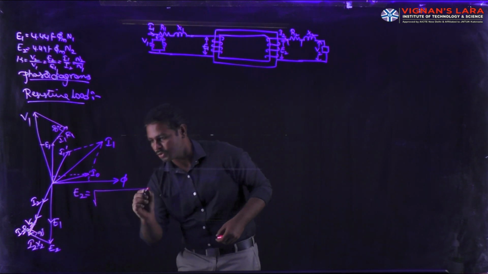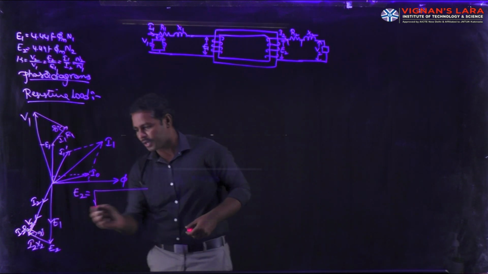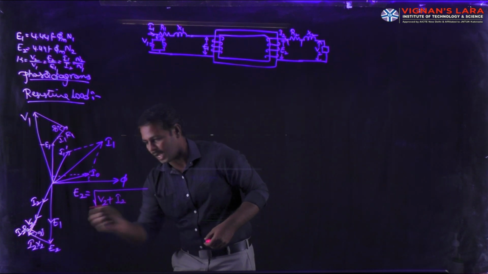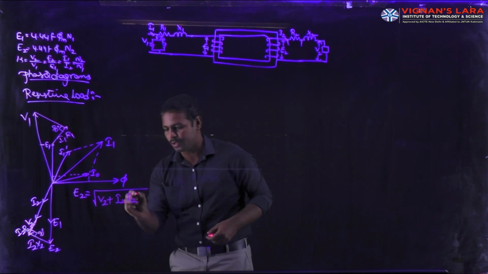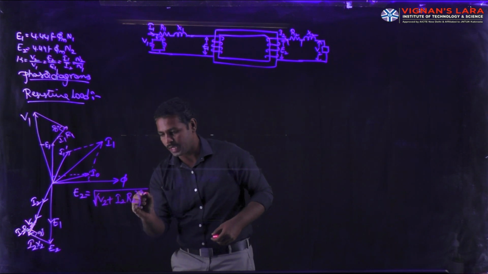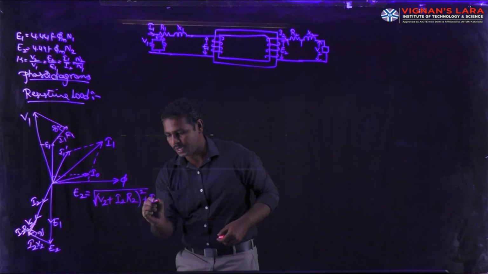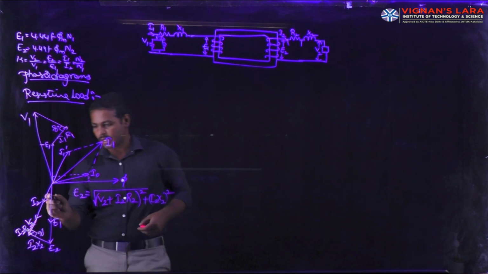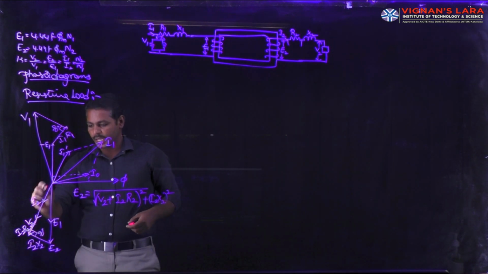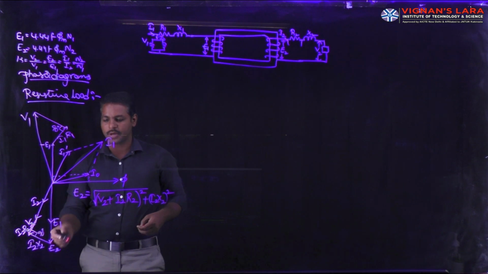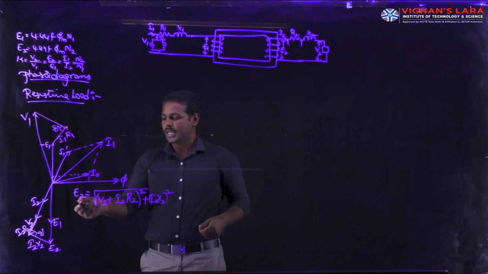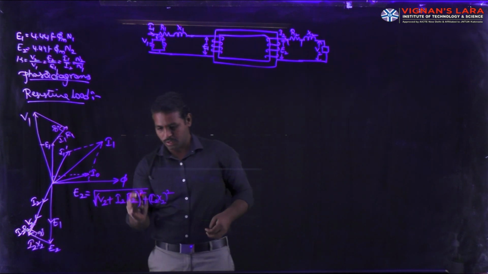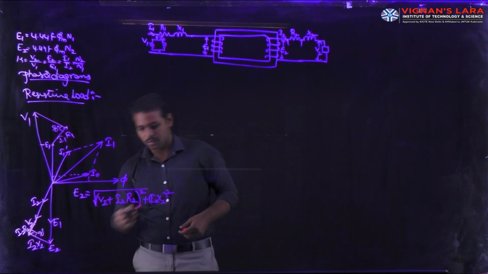So according to the Pythagoras theorem, AB square plus BC square is equal to AC square. In a similar fashion, E2 is equal to square root of (V2 plus I2 R2) whole square plus (I2 X2) whole square.